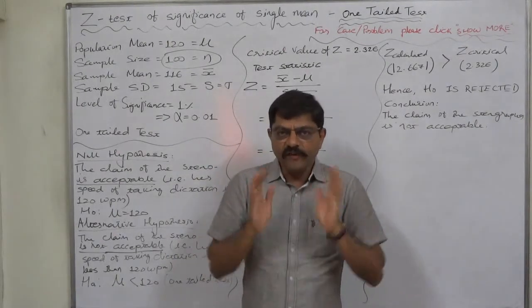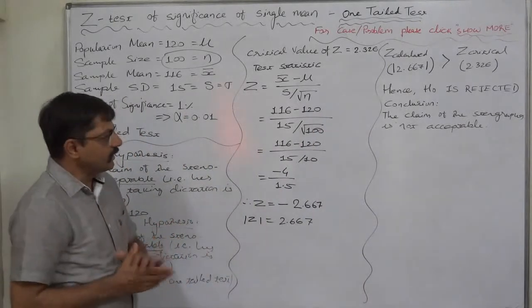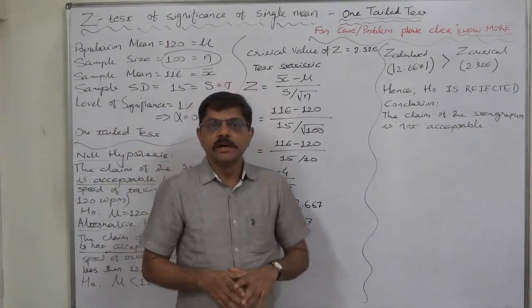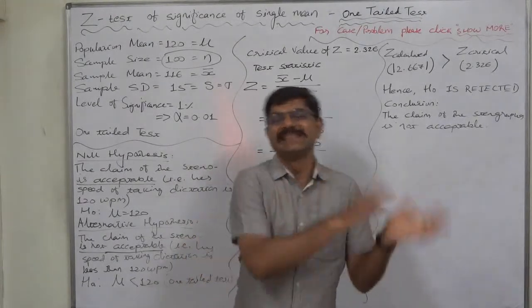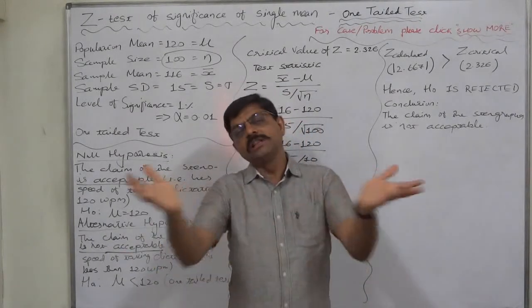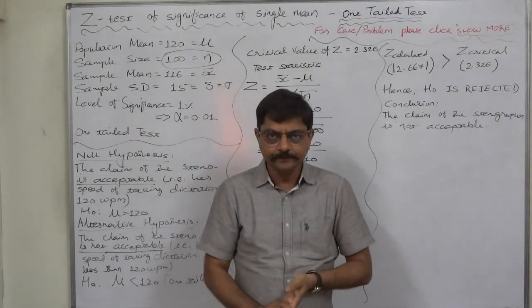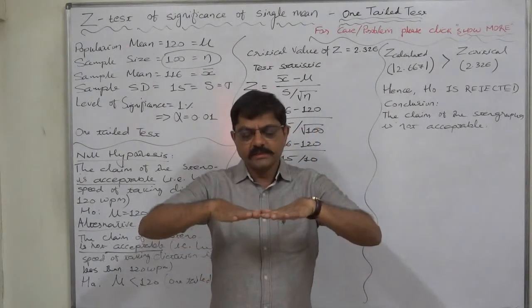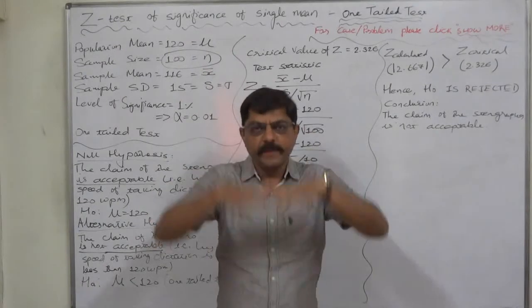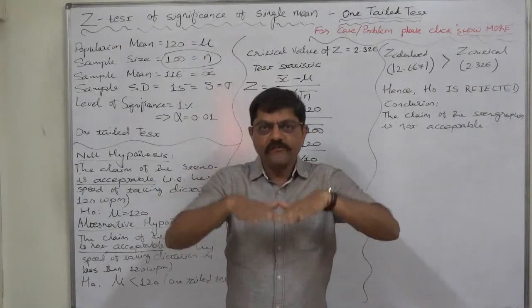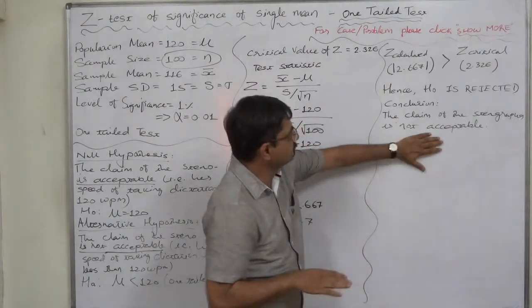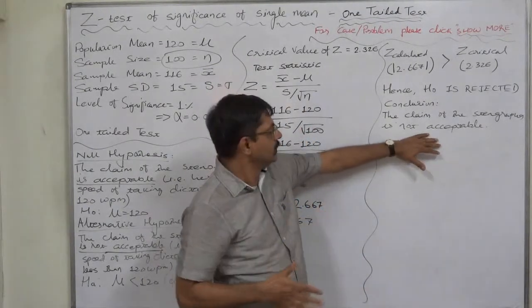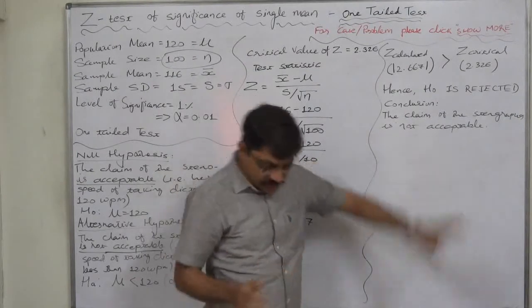But so far as the statistical analysis and conclusion is concerned, we are not required to give this type of answer in examinations at least. In real life, all these things have to be discussed. But so far as your learning and preparation of testing of hypothesis as a topic of statistics is concerned, here the case is over. The claim of the stenographer is not acceptable.